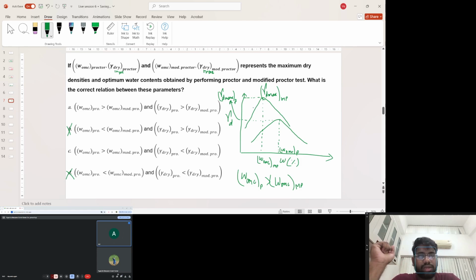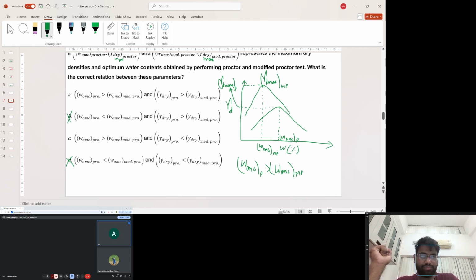Now coming to gamma dry max. Gamma D max of Proctor is less than gamma D max of modified Proctor, right?